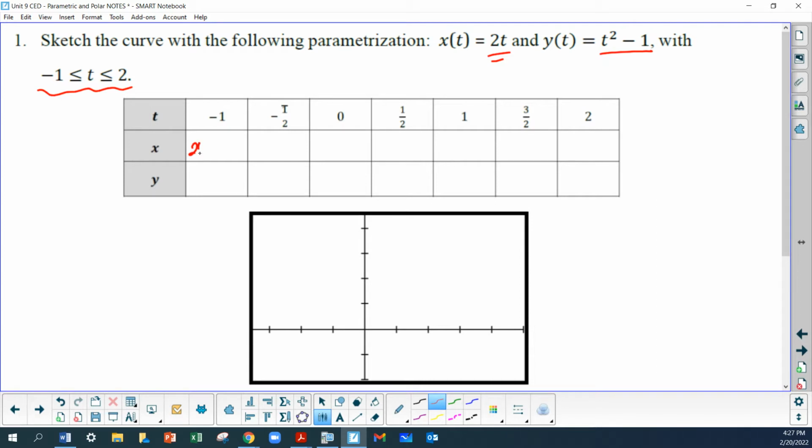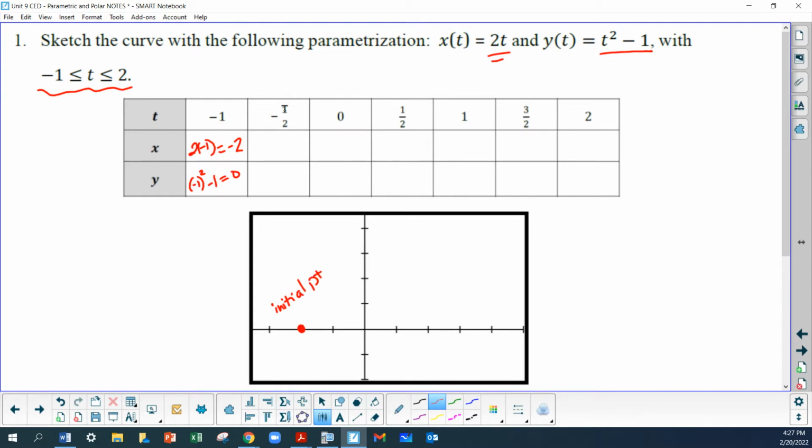So I would have 2 times -1, so x will be -2 when t is -1. And y would be what? -1 squared minus 1. So 1 minus 1 brings us to 0. So what I would plot is the ordered pair -2, 0. So this is its initial point when time was -1.